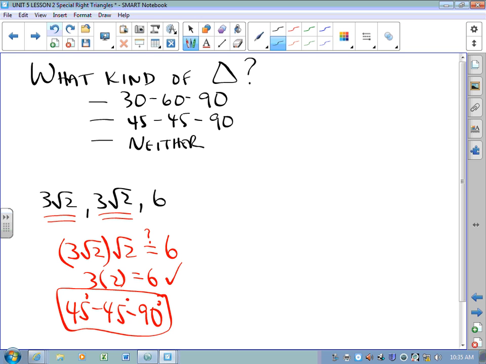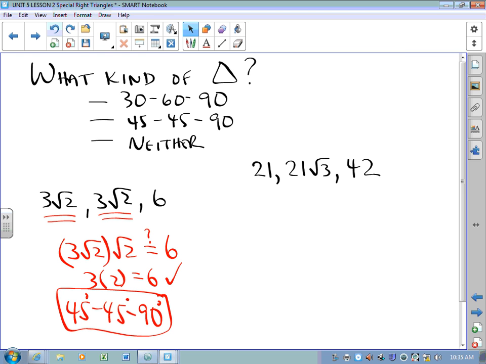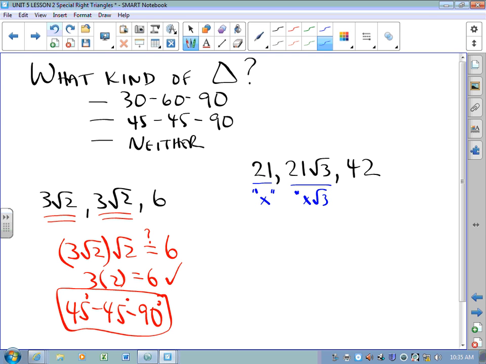Well, what about 21, 21 radical 3, 42? Is that a 45, 45, 90, or is that a 30, 60, 90, or is that neither? Well, it's not a 45, 45, 90 because these two sides are different. And I have some hope that it could be 30, 60, 90 because this is the x and this is the same thing radical 3.